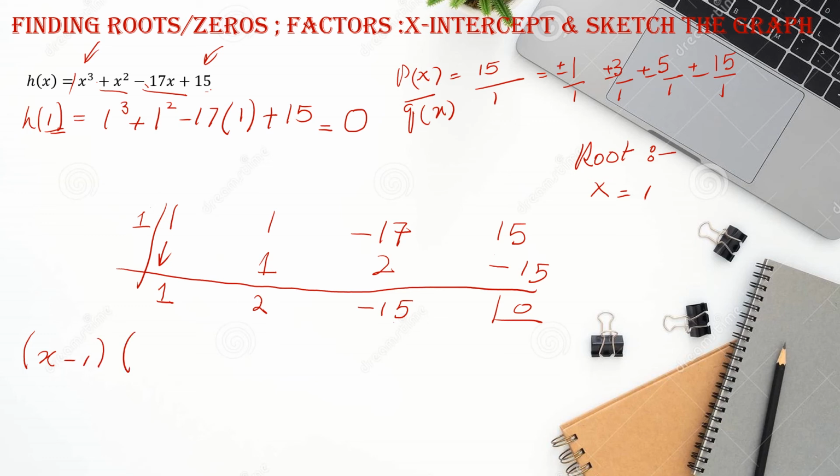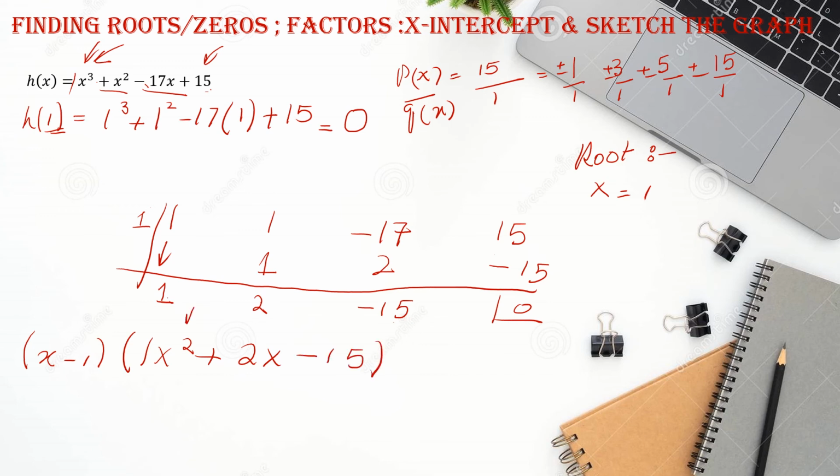Now you have to write the coefficients 1, 2 and negative 15 in terms of polynomial. How do we write? We have x cube, so we will start writing the degree 1 lesser than the quotient. In the question, x cube is there, so we will start from x square. Here 1, so we will write x square plus 2x, because we will lower the degrees, and then in the end minus 15.